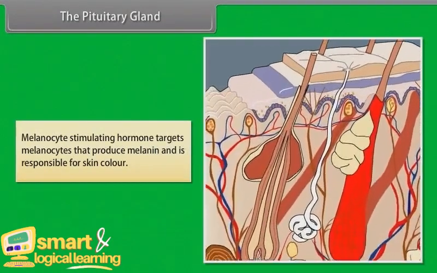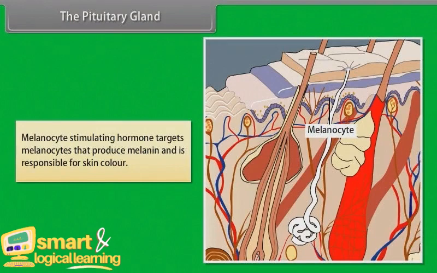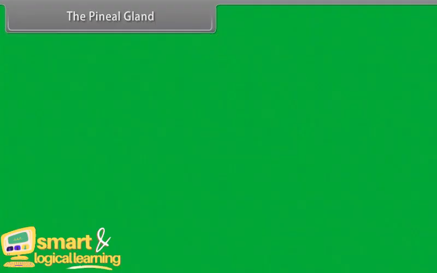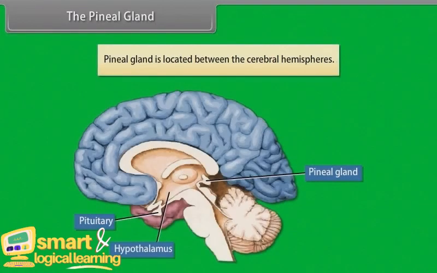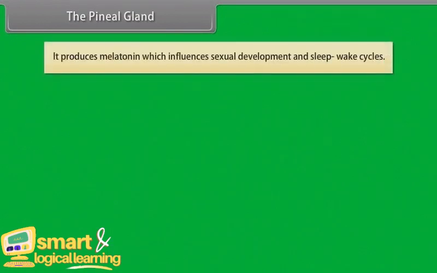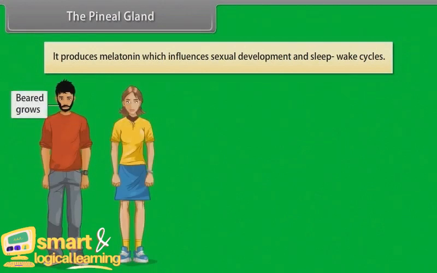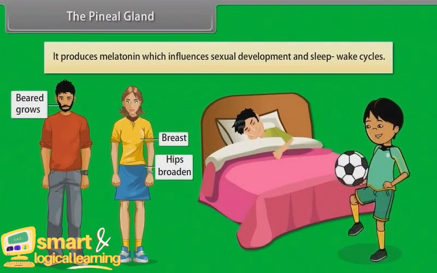Melanocyte-stimulating hormone targets melanocytes that produce melanin and is responsible for skin color. The pineal gland. The pineal gland is located between the cerebral hemispheres. It produces melatonin, which influences sexual development and sleep-wake cycles.